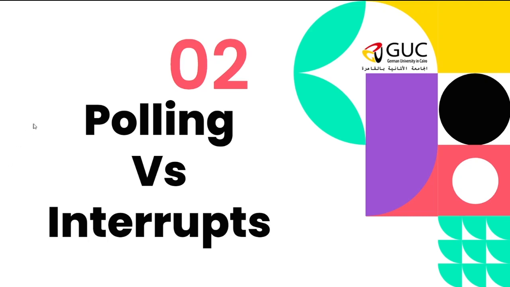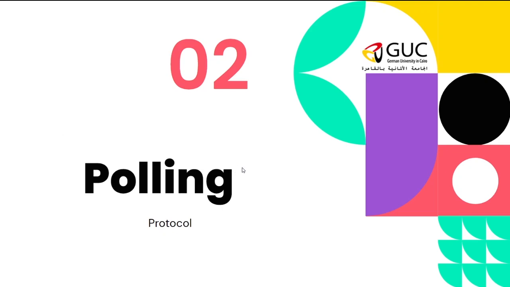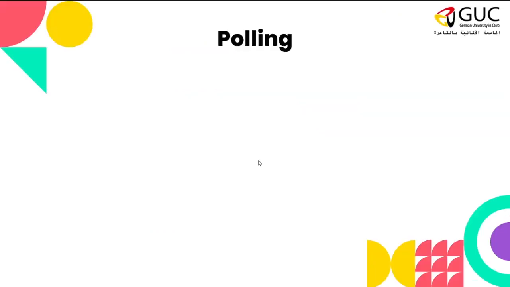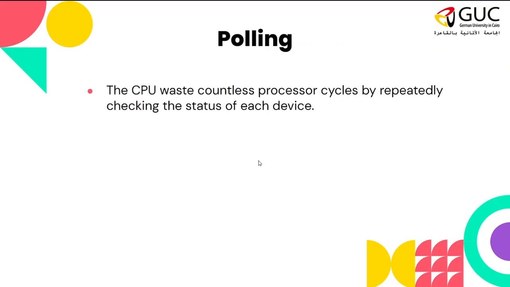So we can say, polling, we will introduce it in a bit more detail. Polling is a method at which the CPU constantly checks on our hardware, wasting countless processor cycles until the device changes its status.